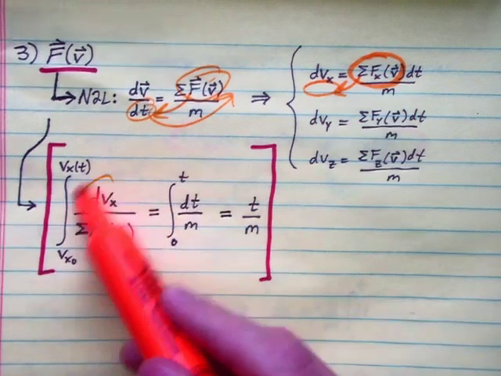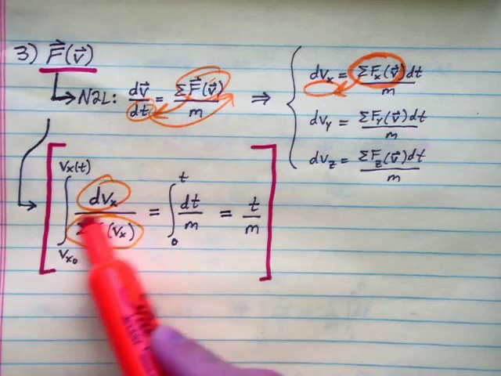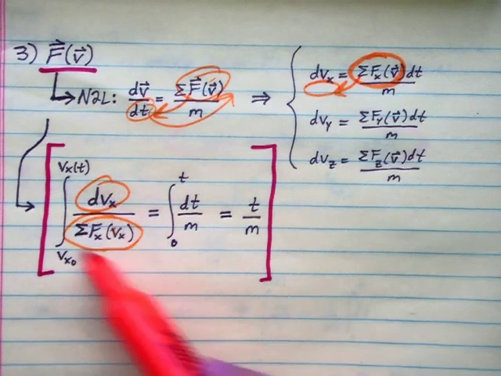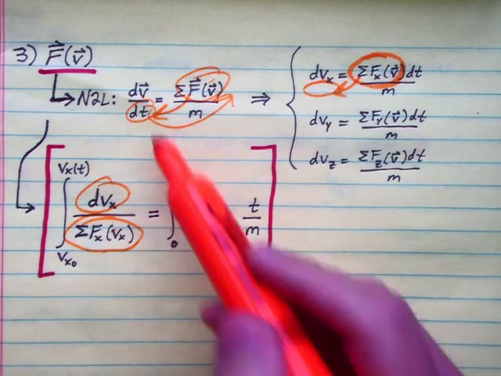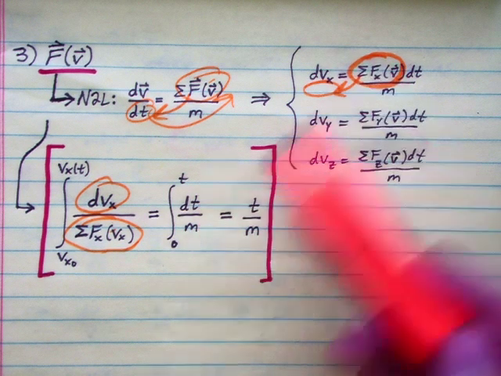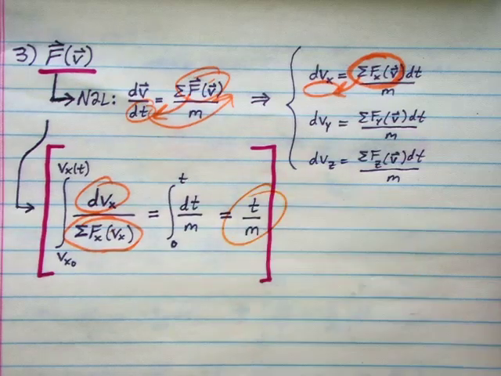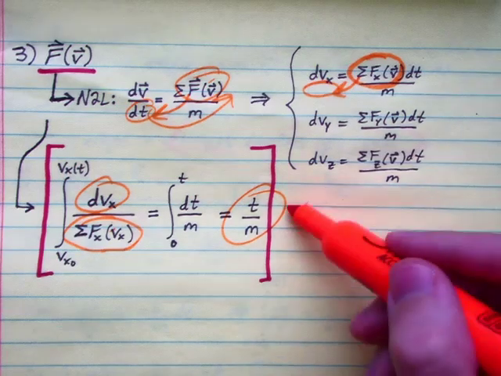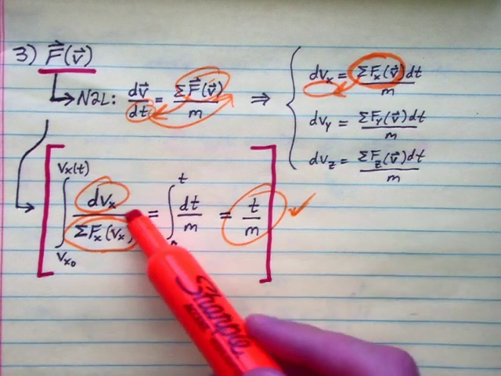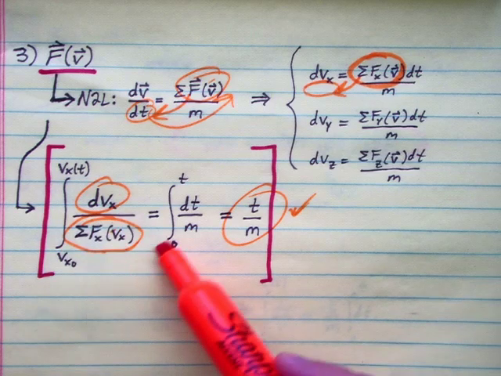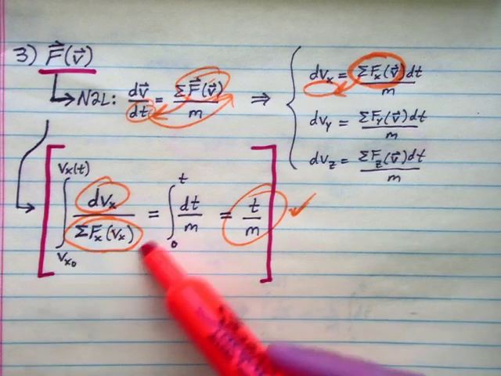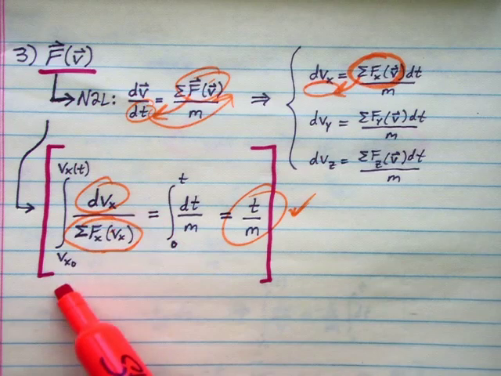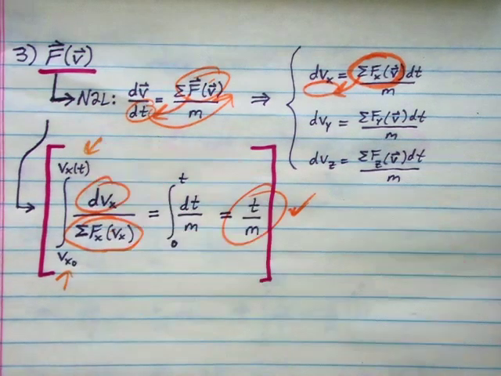So we have dvx over, here's all the velocity dependence in our force function, and then dt we've moved up here, and we just have the integral of dt over m, so we get just t over m. So the right-hand side's taken care of. What we need to do is integrate dvx over this function of vx, whatever we're given here, from our initial vx to our final vx.